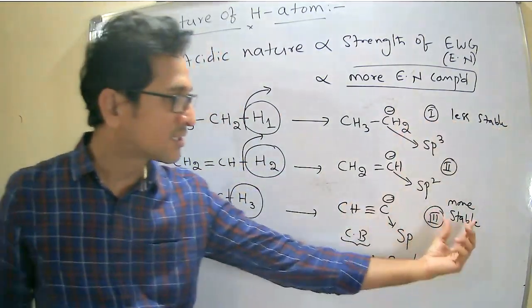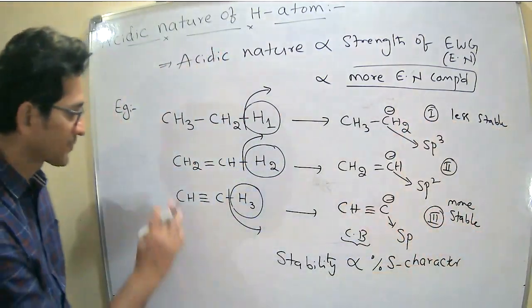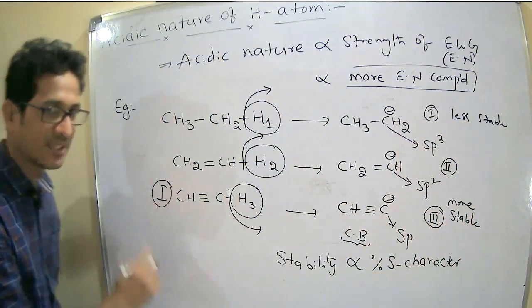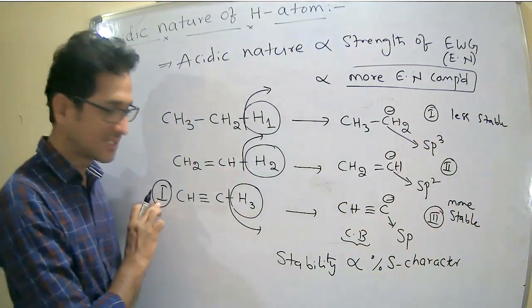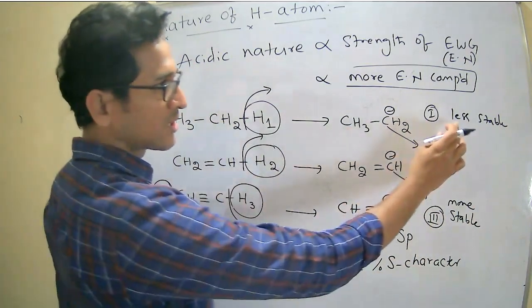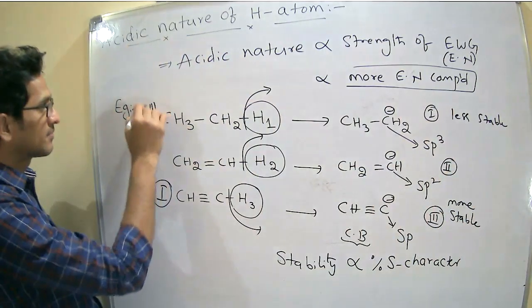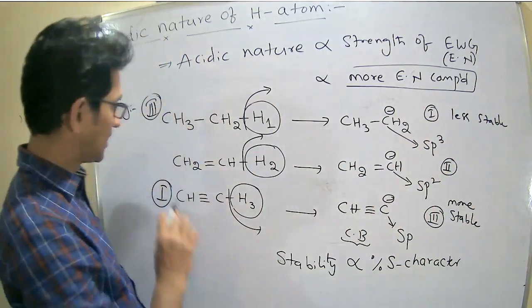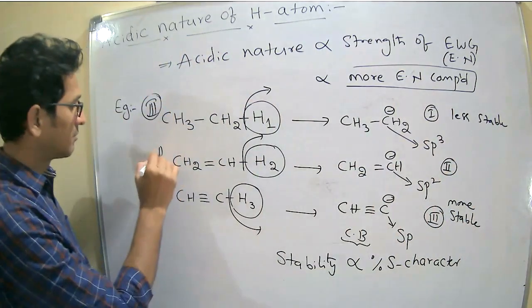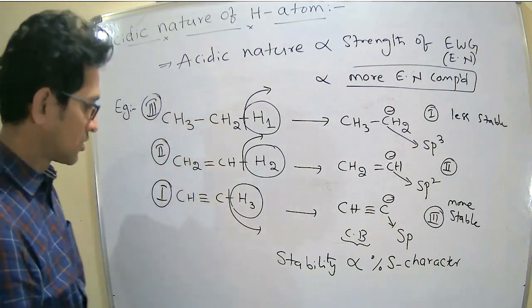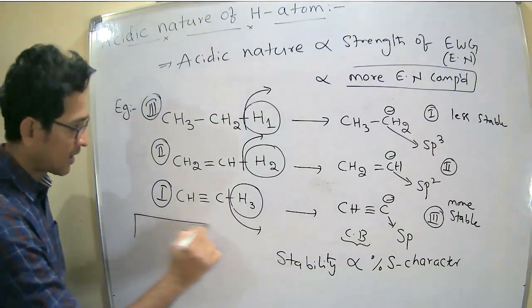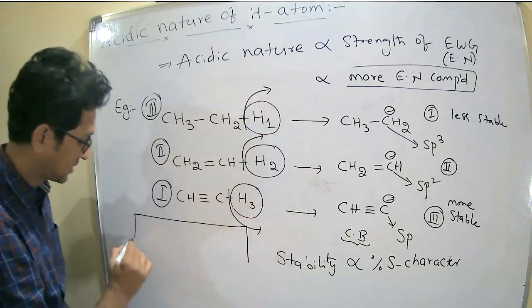Now, once this conjugate base is more stable, it is more acidic in nature, priority first rank. Once a conjugate base is less stable, it is less acidic in nature, priority 3. The one in between is priority 2. So now write down the order of the acidic natures of the hydrogens.